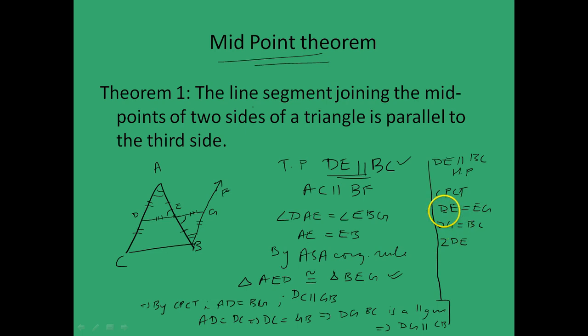By writing DG is equal to DE plus EG and replacing EG by DE, we get 2DE is equal to BC. This implies DE is equal to half of BC. This is not an explicit part of the theorem but a very important result: DE is half of BC.